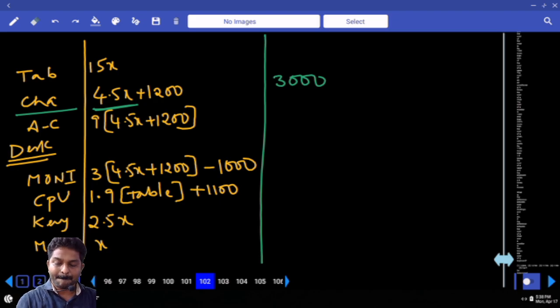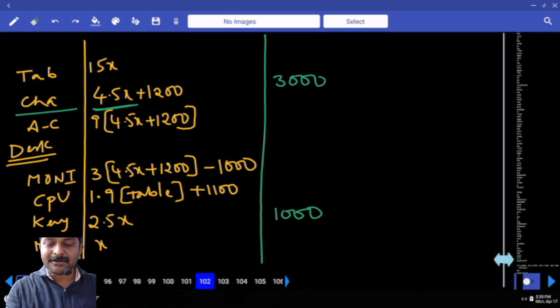For the previous question, these are the values that we got. But now we need the total desktop value as well as the AC value. AC is exactly 9 times of chair only. Now we already know chair cost is 3000 according to the previous question. And for this question also we have x value as 400. So the same values we will get here also.